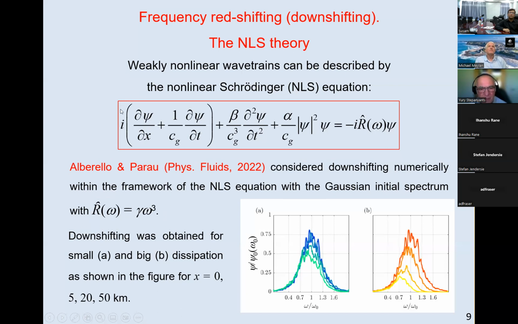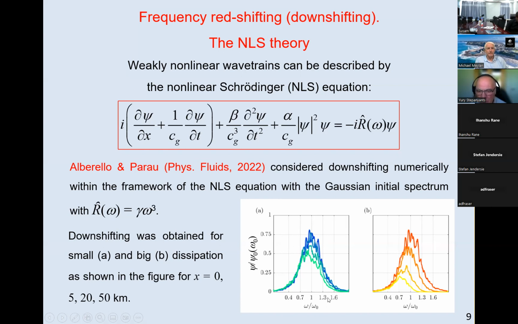And then they studied this equation numerically, with random initial data modulated by a Gaussian envelope. So here you can see the results of their calculations, and you can see that if initially the waveform was presented by the blue line, then in the course of propagation, we can see that the wave spectrum decays, and there is a shift of the maximum of the wave spectrum.